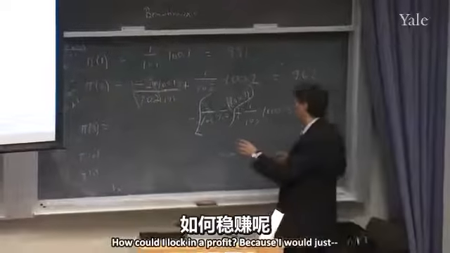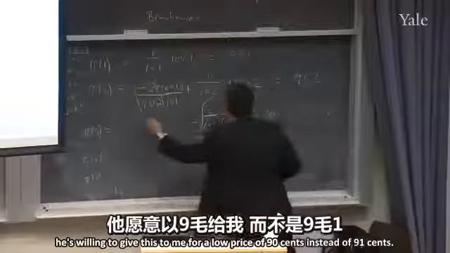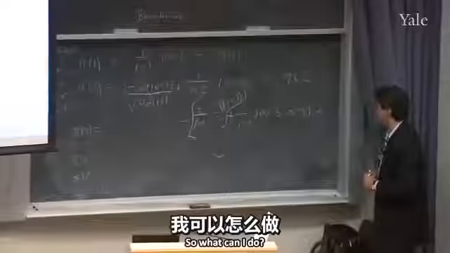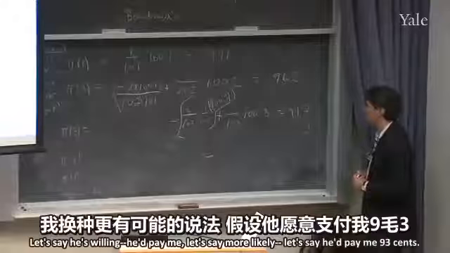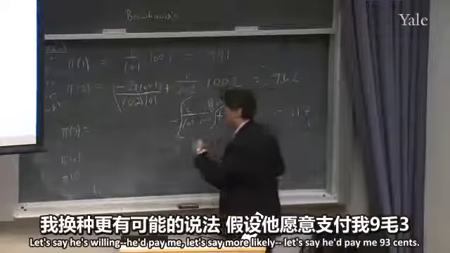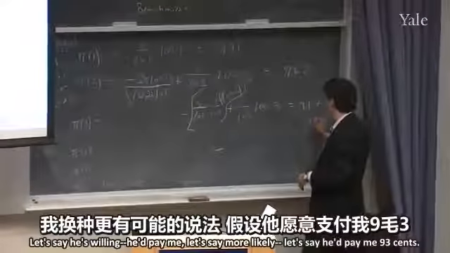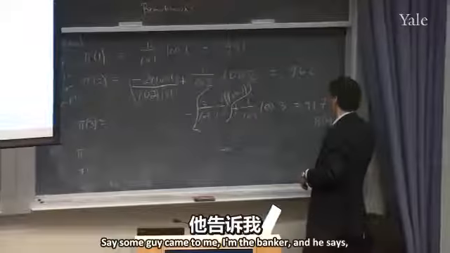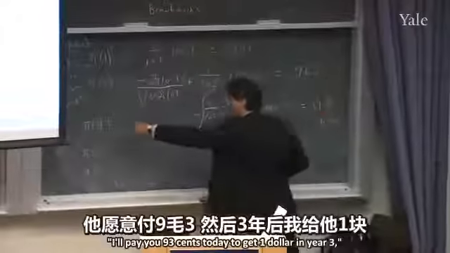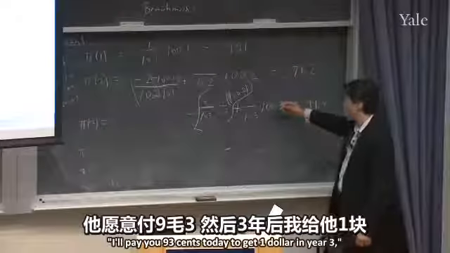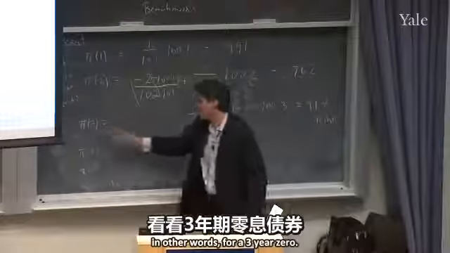Because he's willing to give this to me for a low price of 90 cents instead of 91 cents. So what can I do? Let's say, more likely, he'd pay me 93 cents. Say some guy came to me, I'm the banker, and he says, I'll pay you 93 cents today to get $1 in year 3. In other words, for a 3-year zero.